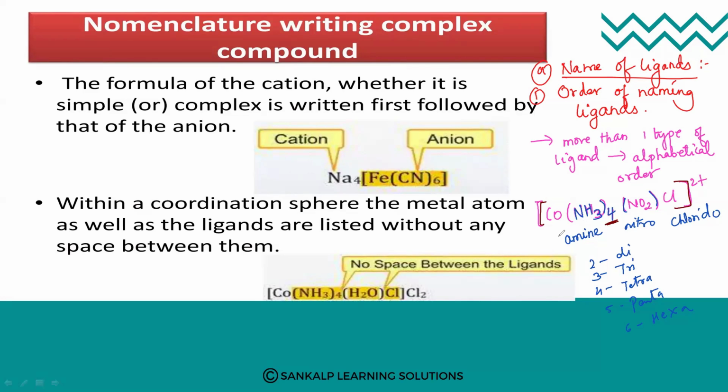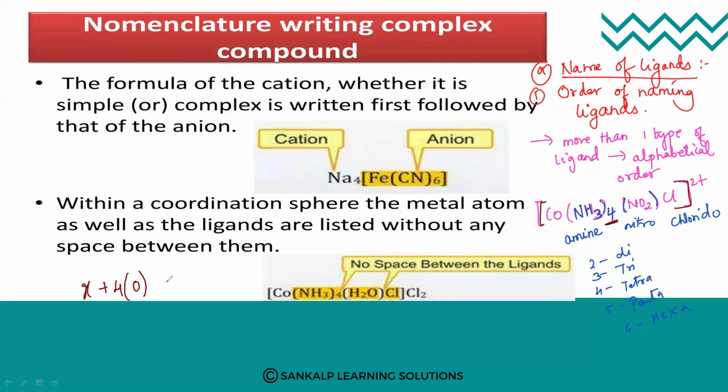What is the charge on cobalt? So X plus 4 into 0.